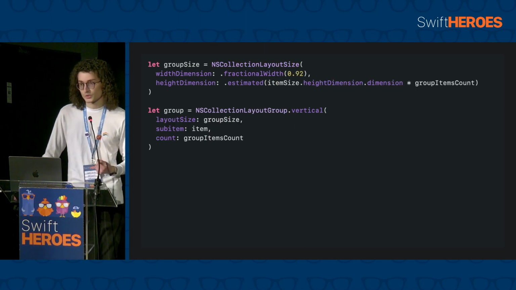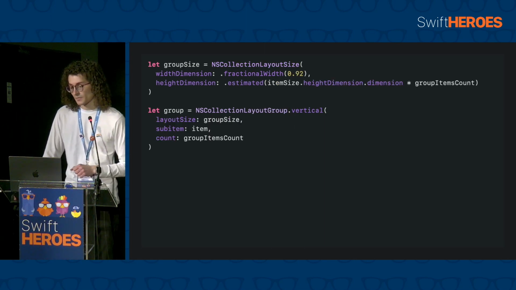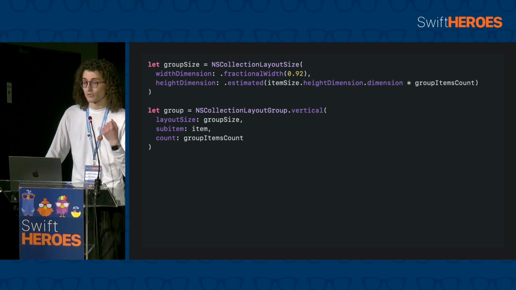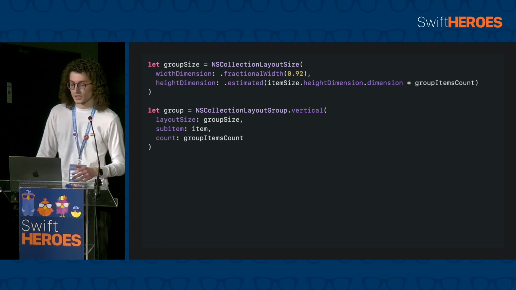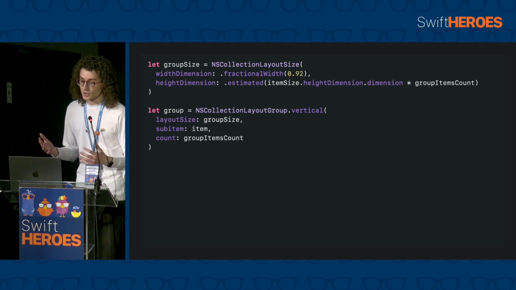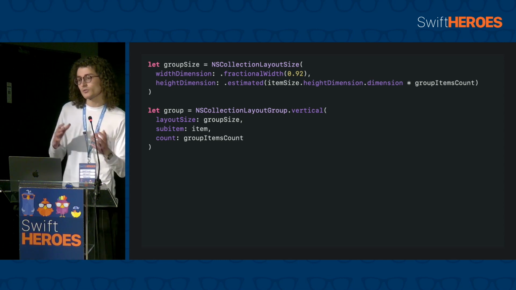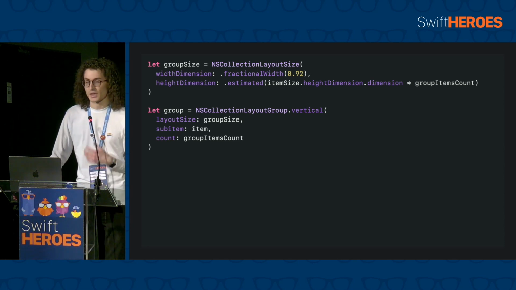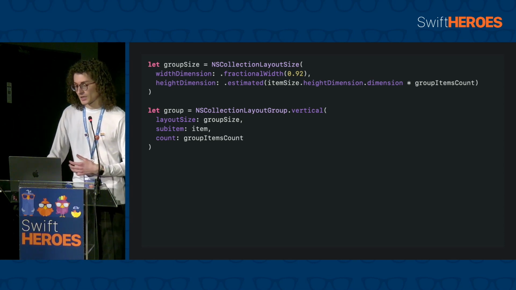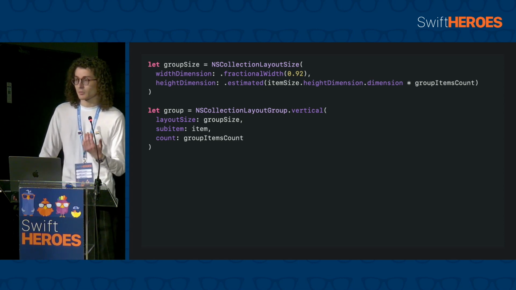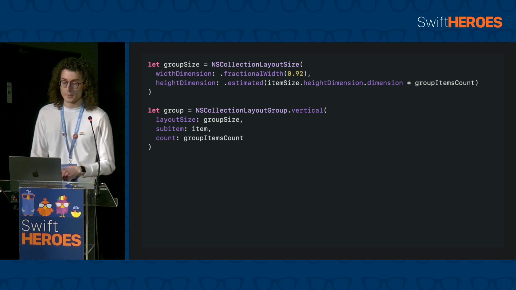Then same for the groups, we also need to specify a layout size. So here we're specifying a layout size with a fractional width of 0.92. And that means this group would be slightly smaller than its container. And the reason we do that is because we want to be able to see multiple of these groups at once on screen. Then for the height, we specify an estimated dimension, where its dimension is equal to the item's height multiplied by the number of items we want to display.